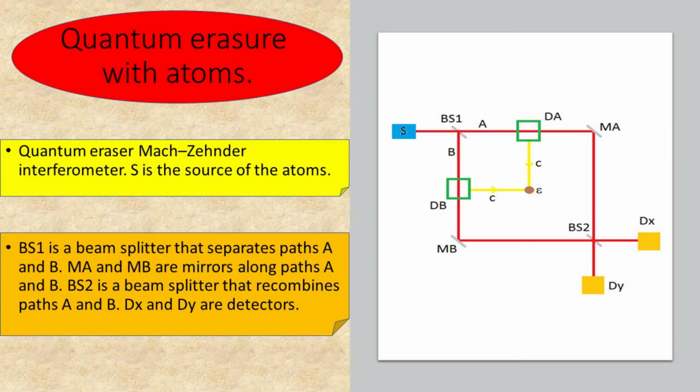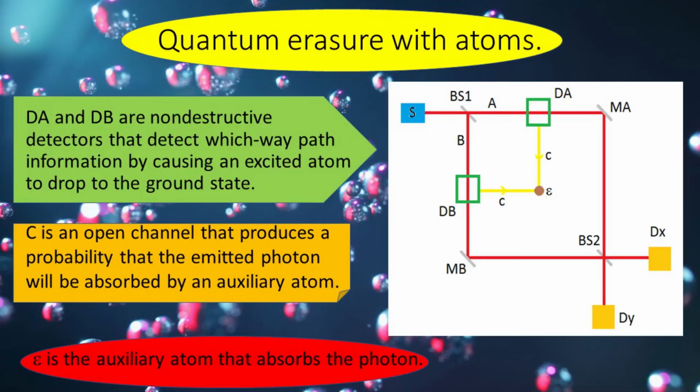In this illustration of the quantum erasure Mach-Zehnder interferometer, S is the source of the atoms, BS1 is a beam splitter that separates paths A and B, MA and MB are mirrors along paths A and B, BS2 is a beam splitter that recombines paths A and B, and Dx and Dy are the detectors. DA and DB are non-destructive detectors that detect which-way path information by causing an excited atom to drop to the ground state.